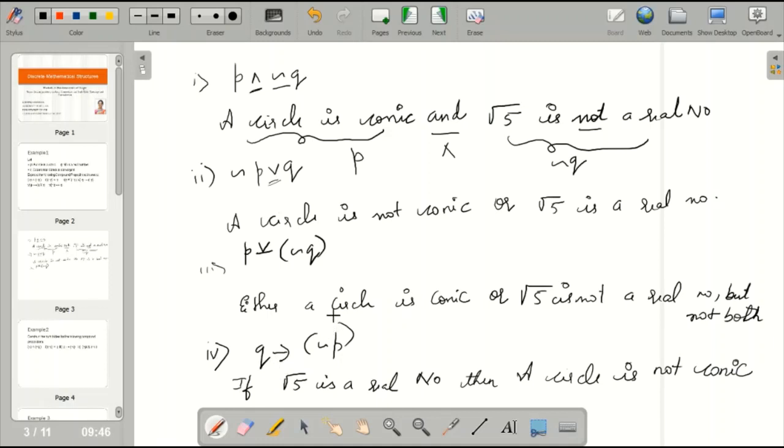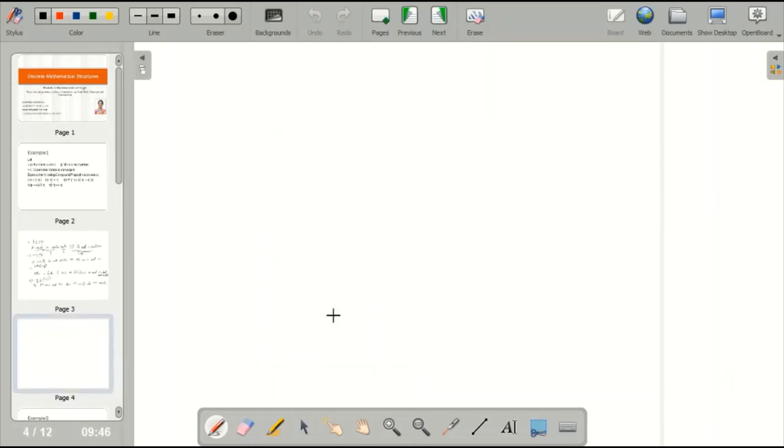Next two problems are left. Let us solve those. Fifth one is regarding P conditional, Q exclusive or R. Primarily this is if-then, and within that it is exclusive or.